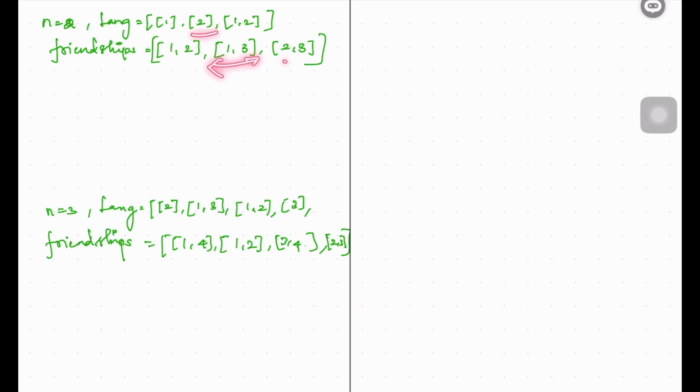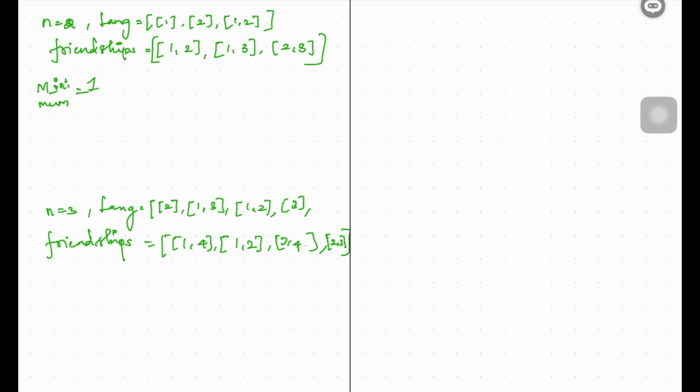Two also has a friendship with 3, and they also know 2. Now we need to either make 1 learn 2 or 2 learn 1, so that they can communicate. So minimum we need to teach is one.